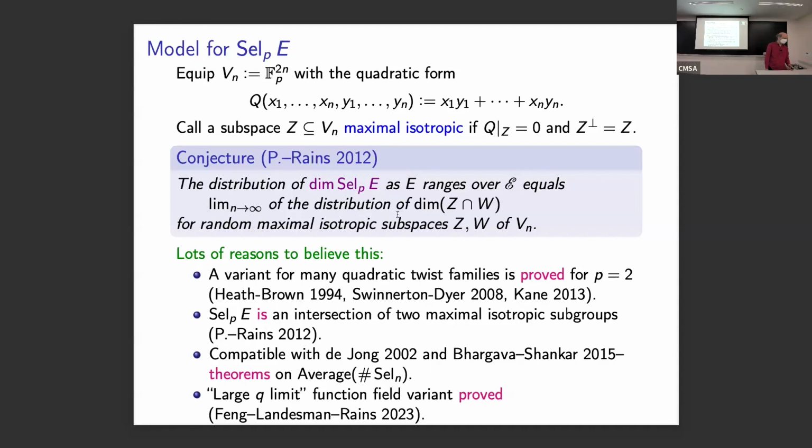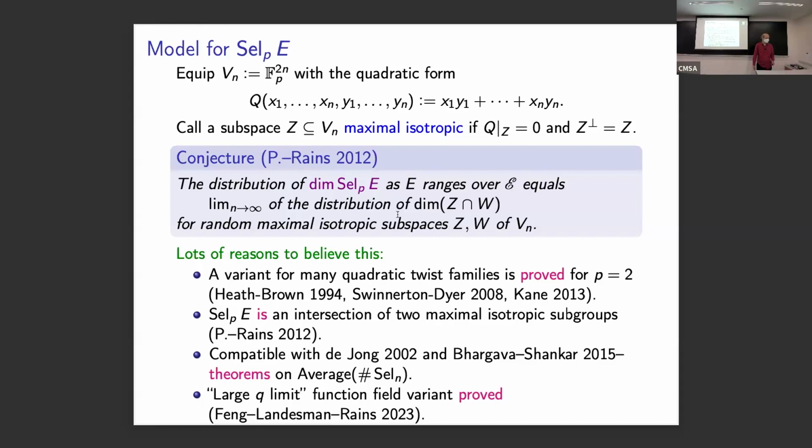You can do the same for 3, 4, and 5. In general, the average size of the n-Selmer group is predicted to be the sum of the divisors of n. For example, Bhargava and Shankar proved that the average size of the 4-Selmer group is 7.